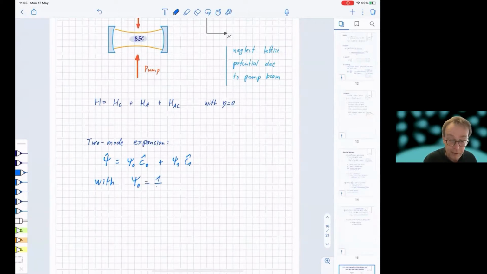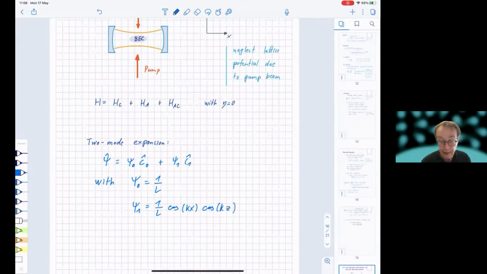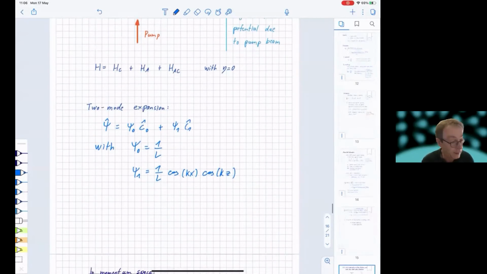So the momentum 0 state, you just, for example, take 1 over the length or some volume, 2D volumes, and 1 over a constant. And the next higher mode is a cosine modulated distribution.